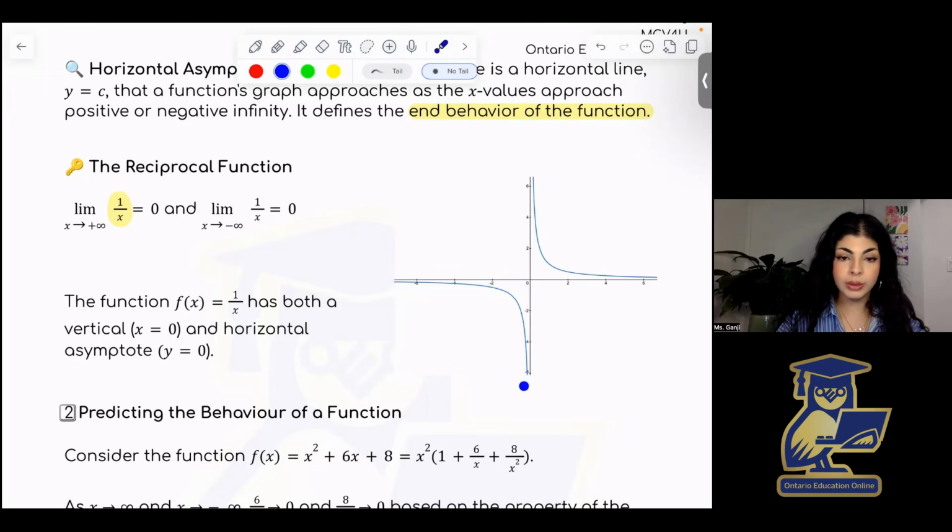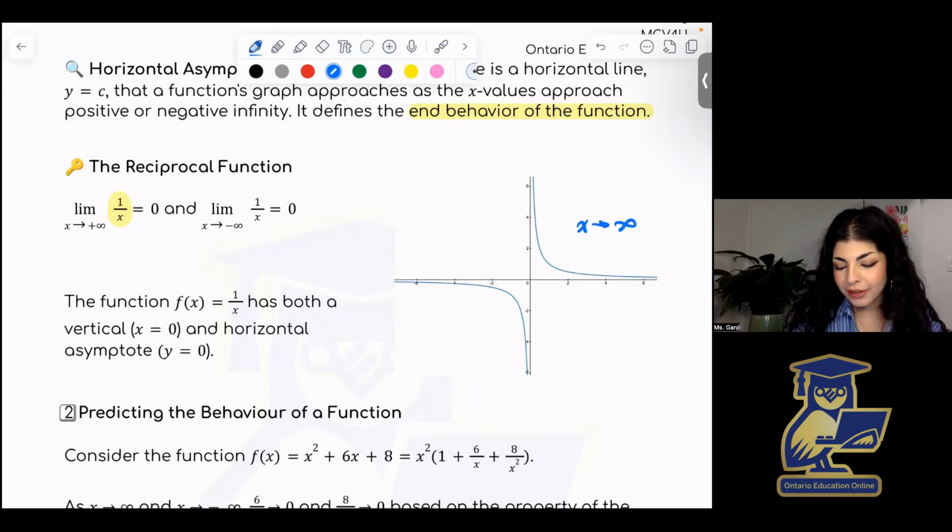So this one is going towards negative infinity. From the right-hand side, we're going towards positive infinity. And same with the horizontal asymptote. So as x is approaching positive infinity, we're approaching the horizontal asymptote from the top. But as x is approaching negative infinity, we're approaching the horizontal asymptote from the bottom.